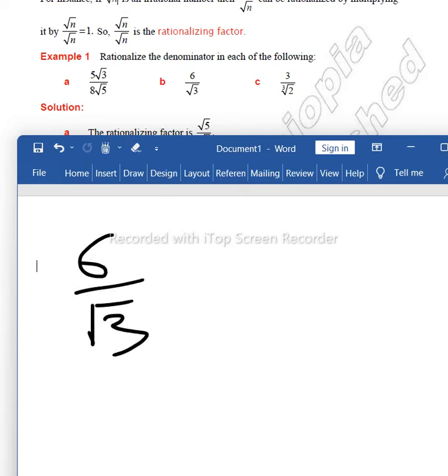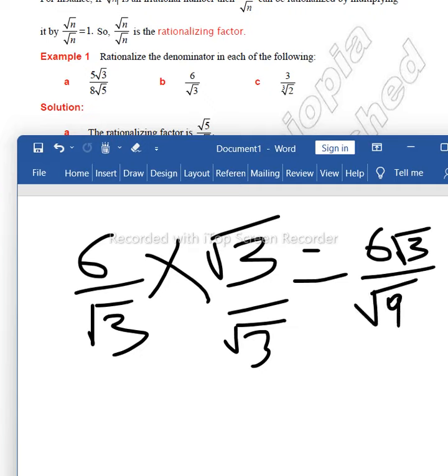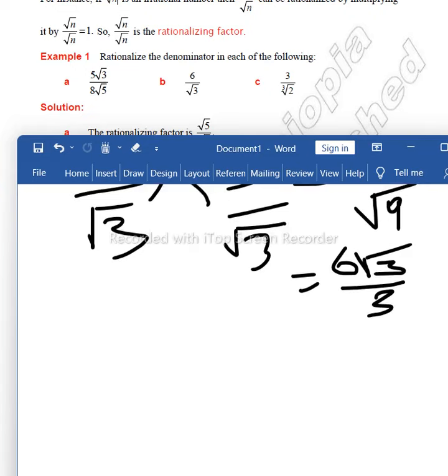To rationalize this, we multiply by square root of 3 over square root of 3. Here we have 6 times square root of 3, so 6 square root of 3. In the denominator, square root of 3 times square root of 3 gives square root of 9, which is 3. We get 6 square root of 3 over 3.